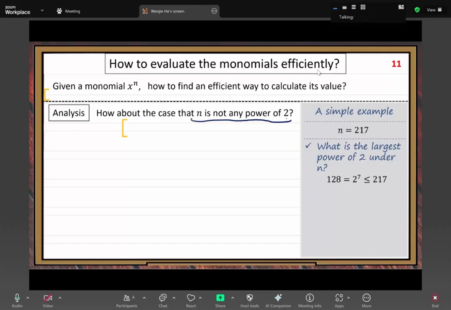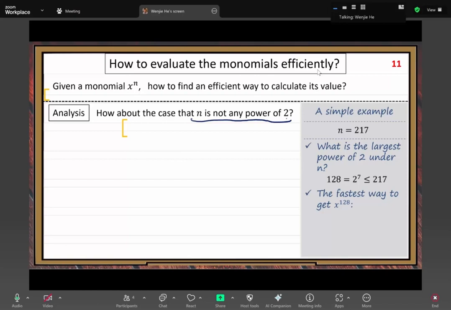Because if you use 2 to the 8th, that's 256, which is greater than 217, so we cannot use that. So we have to accept this 2 to the 7th. The fastest way to get x to the 128.